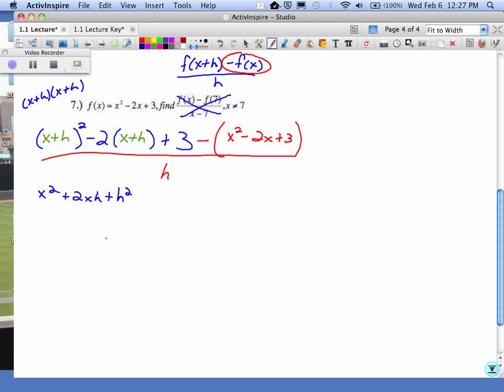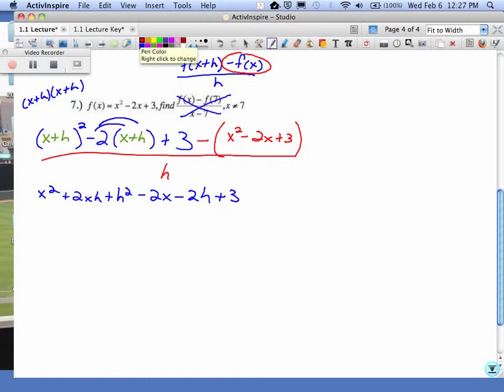So when you have x plus h squared, you end up with a quadratic. Then you need to distribute the negative 2. I get negative 2x, negative 2h, plus 3.